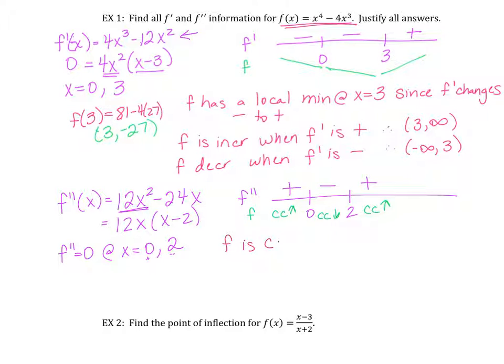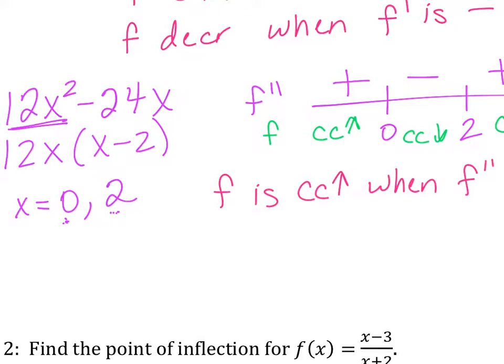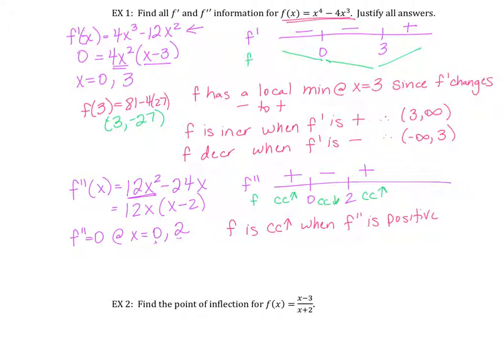F is concave up when f double prime is positive. So where's that going to be? That's going to be at negative infinity to 0 and 2 to infinity. F is concave down when f double prime is negative. So that's going to be from 0 to 2.